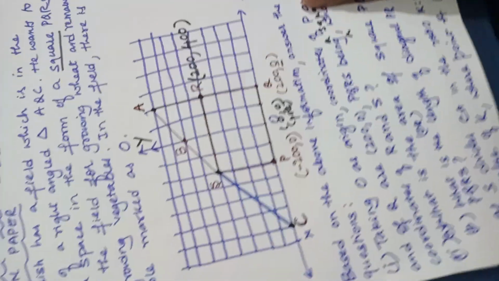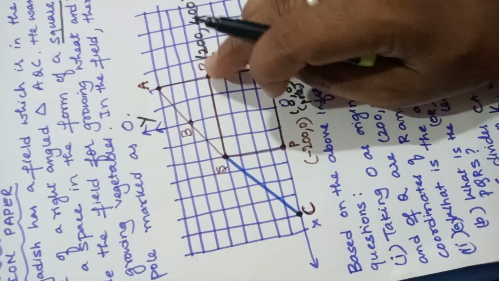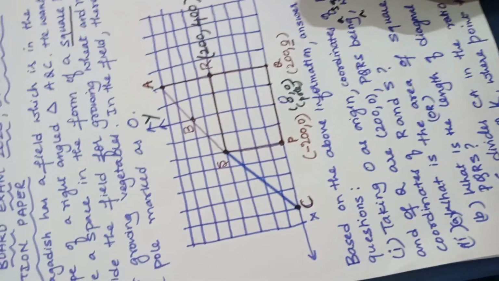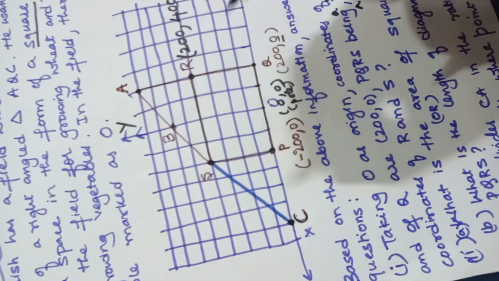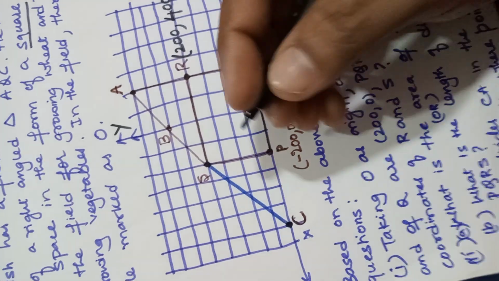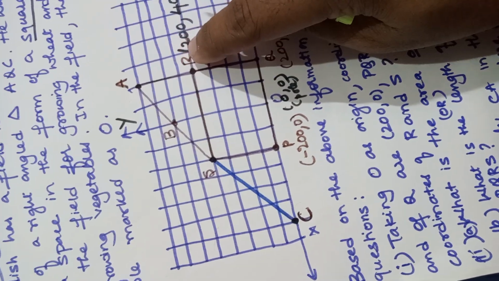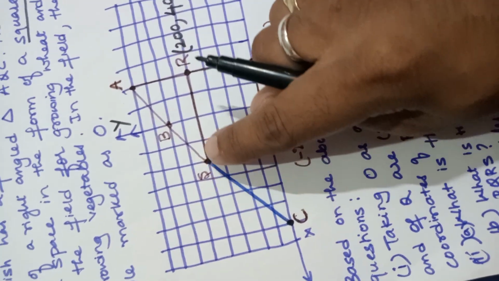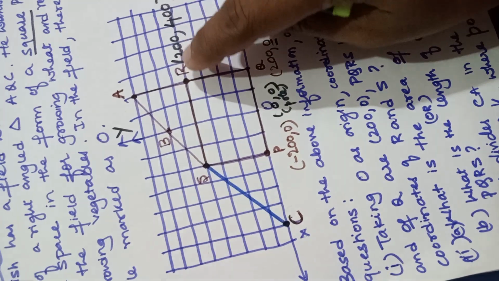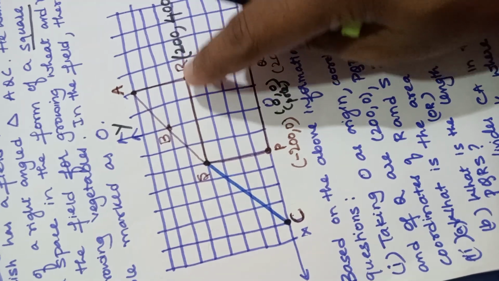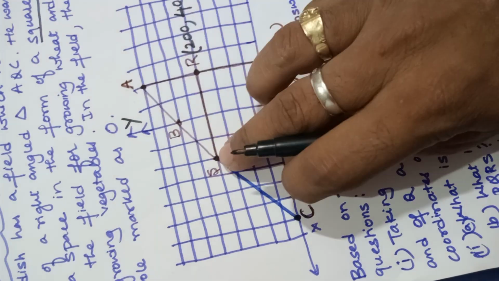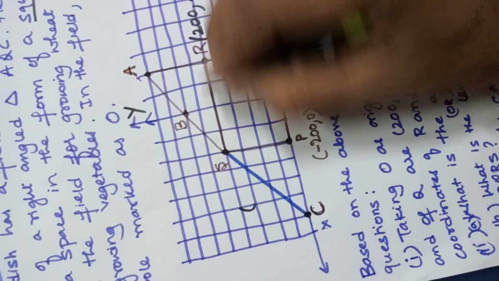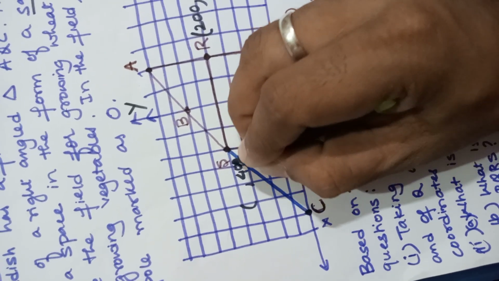Same approach should be used here. For that you can observe that the points R and S are equidistant from the x-axis. How do we define ordinate? We can define ordinate as the perpendicular distance of a point from the x-axis. Because R and S are equidistant from the x-axis, the ordinate of R and S are equal, so I would like to write that the ordinate of this point is 400.